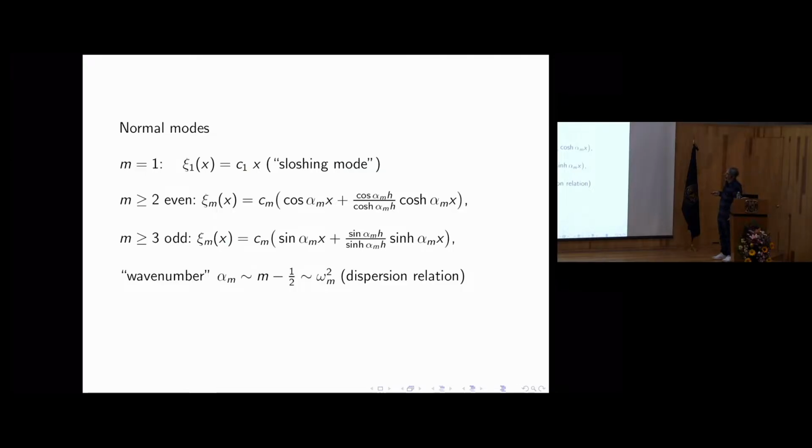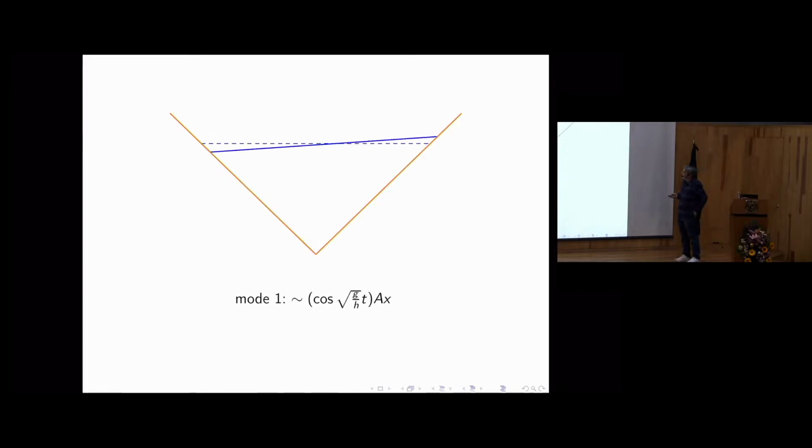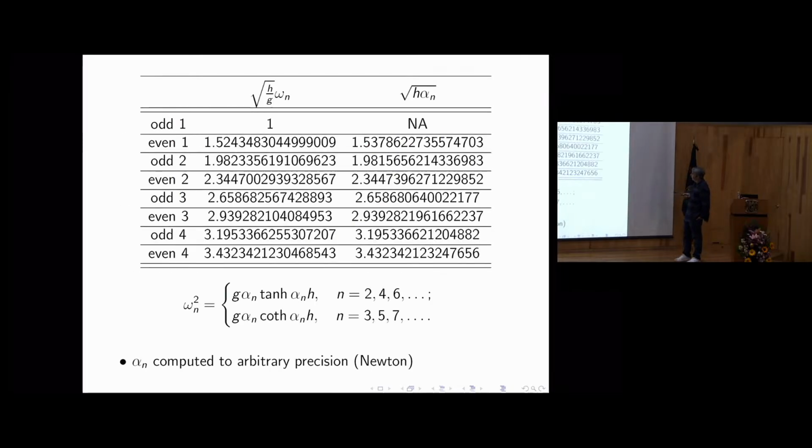And then we have some kind of wave vector that satisfies an equation that we can solve, as I said, that is related to the frequency by an explicit expression. I'm not putting things in detail here, and we don't have an exact formula for that, but we have an equation and we can show that it can be found to any precision. In fact, this is the formula of this wave vector, the relation between the frequencies and this wave vector.